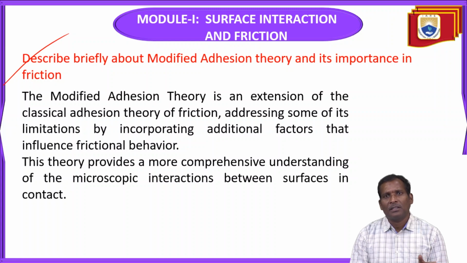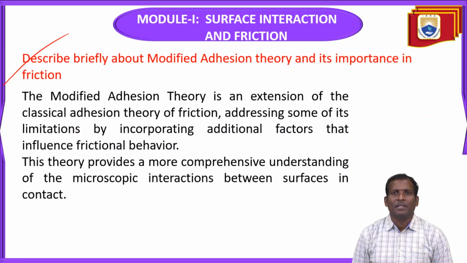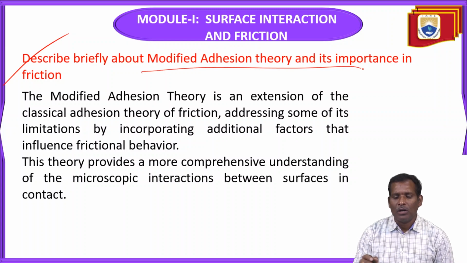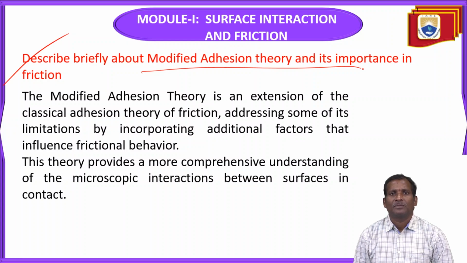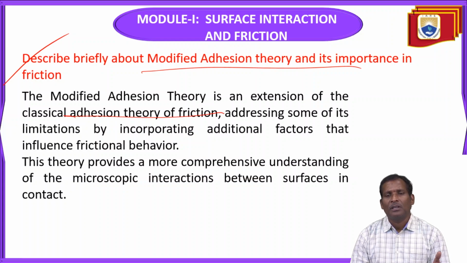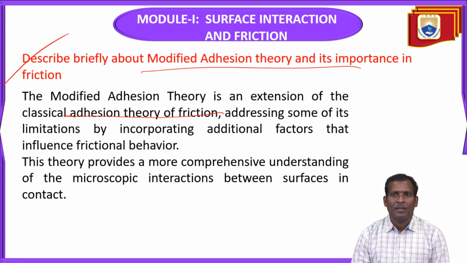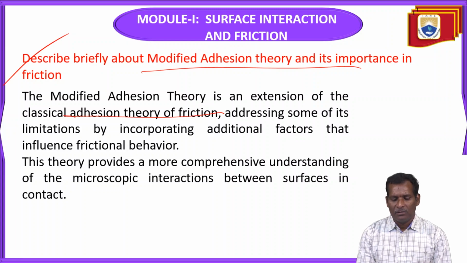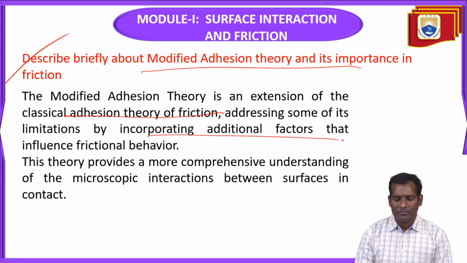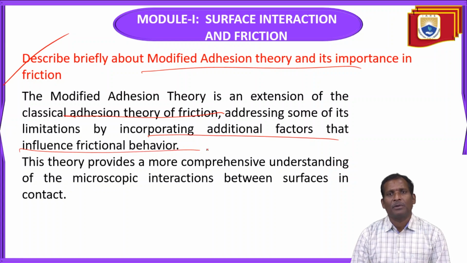So Bowden-Tabor theory we have already studied in a previous question. In this, he has asked about modified adhesion theory. So the modified adhesion theory is an extension of the classical adhesion theory of friction, which we have already studied, addressing some of its limitations by incorporating additional factors that influence frictional behavior.